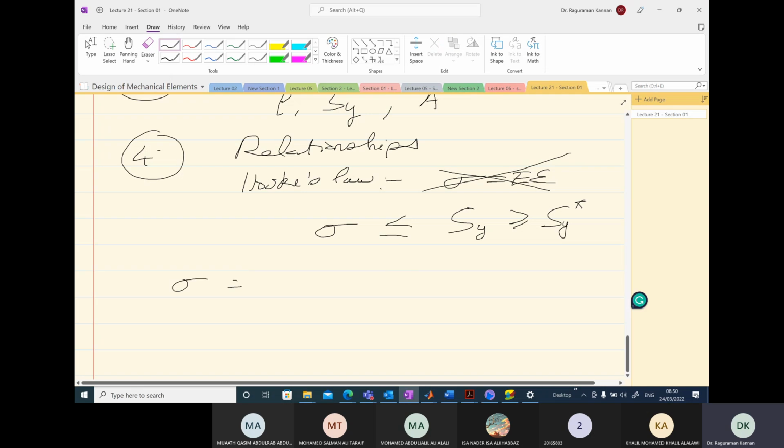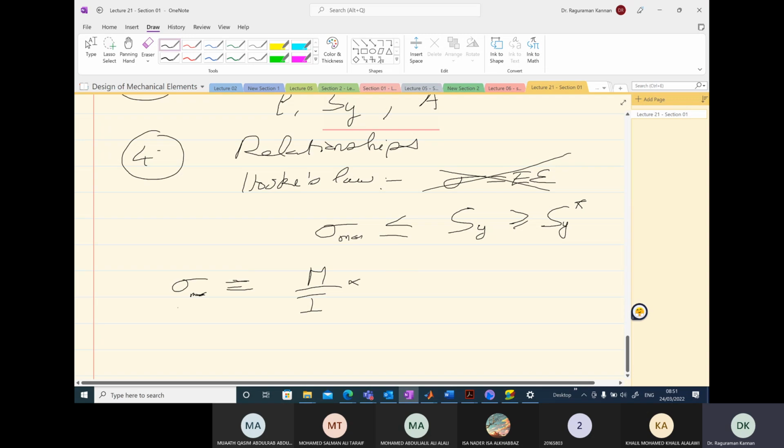Stress is equal to force over area. Whatever force I am going to apply on the beam. In the case of a beam, how do I express the stress? It is a bending moment load. So here I have to write M over I times the maximum stress.